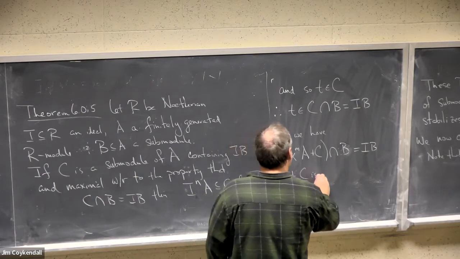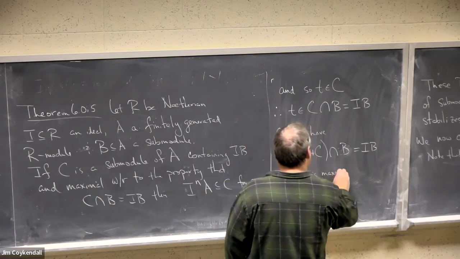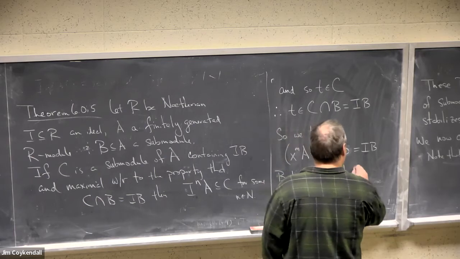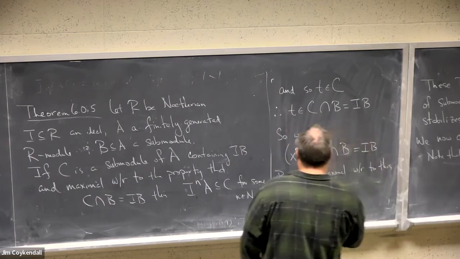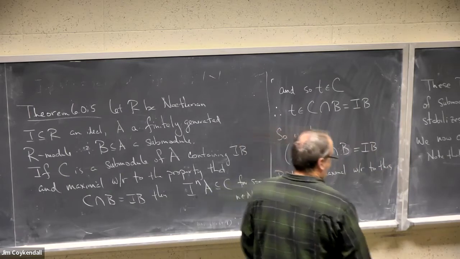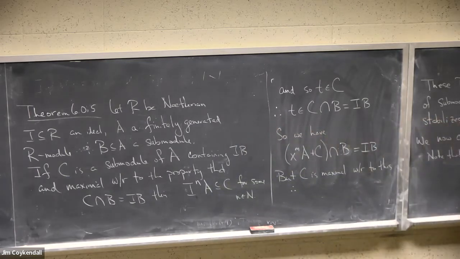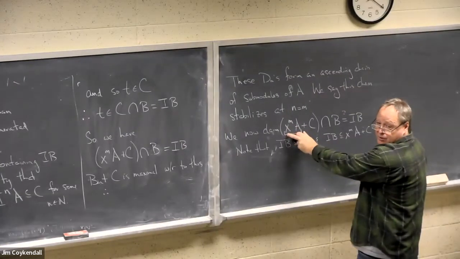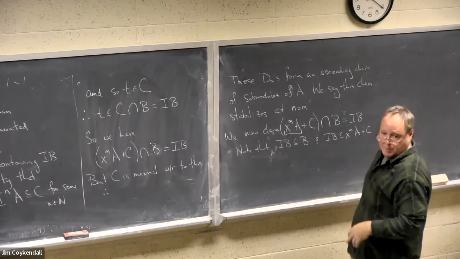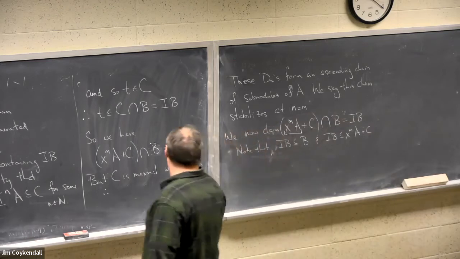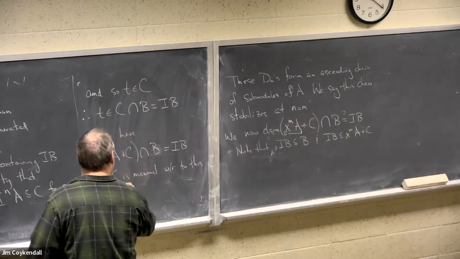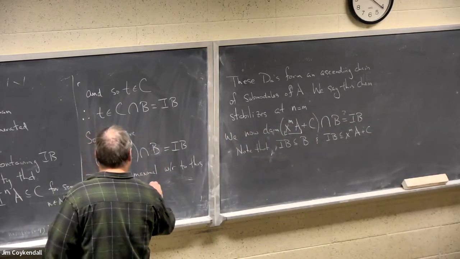But C is maximal with respect to this. Therefore, we have C intersect B as IB, and now we've got something here that's potentially bigger, intersecting B equals IB. But C was maximal with respect to this property. So we must conclude that X^M A is contained in C.